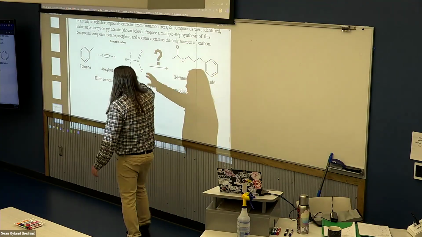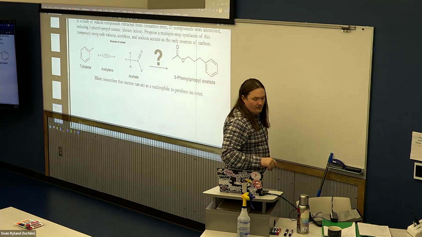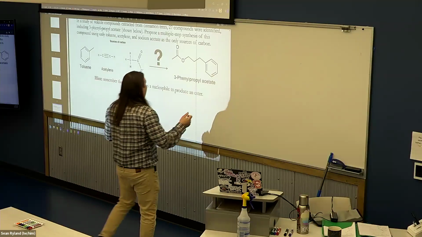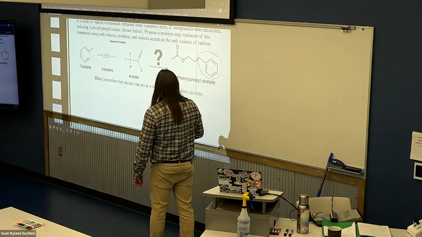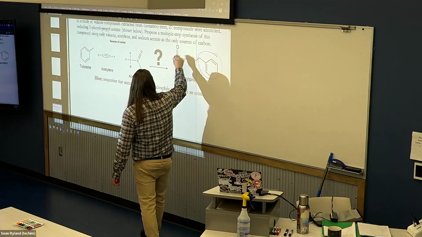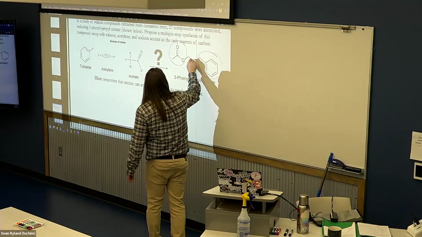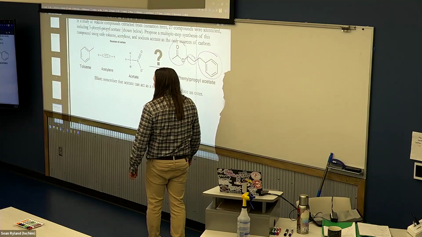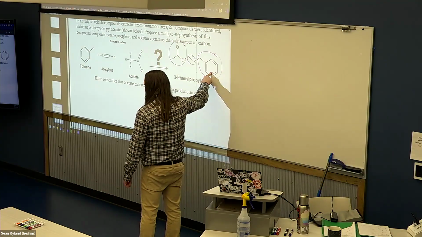So if we know that these are our resources, the way that I would approach this would have been to say, okay, well, that's a toluene. The hint tells you we're adding this at the very end. So that's an acetylene. So I need to find a way to attach an acetylene to a toluene.